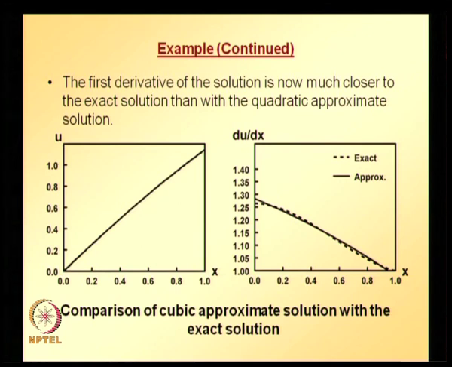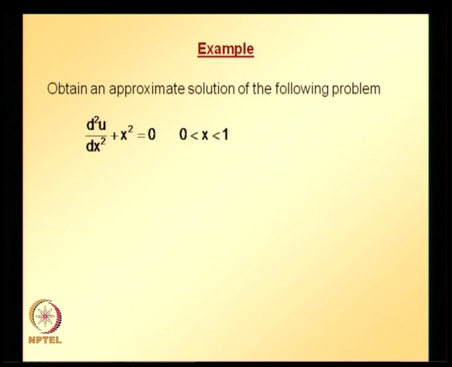So now let us take another example. This example is similar to the previous example, but here what we will do is we will try using quadratic, cubic and quartic trial solution, that is 4th order polynomial trial solution.